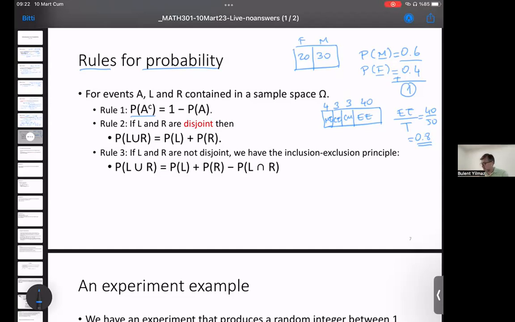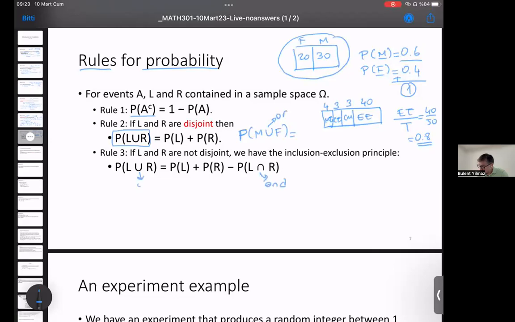If there are only 2 categories, then the addition of the probabilities, male and female for example, the probability of male or female, I say or, right? This is or, this is and.